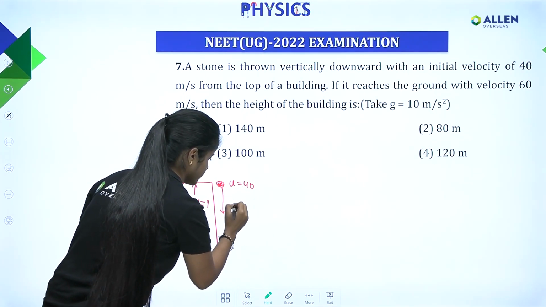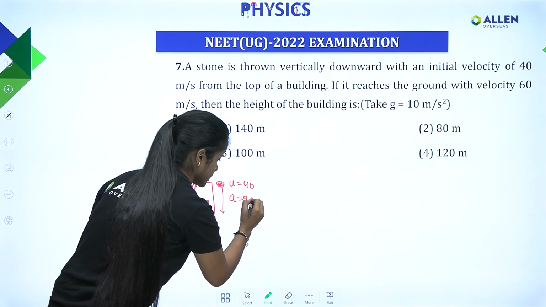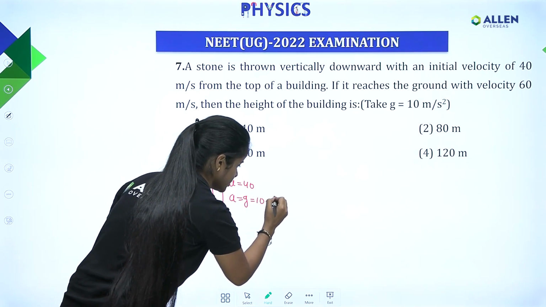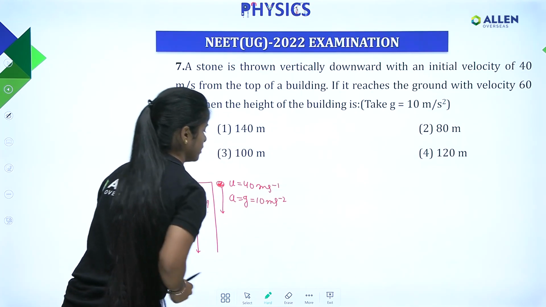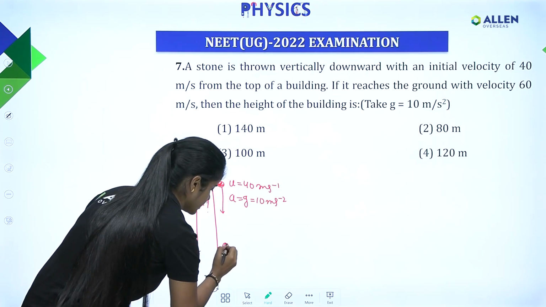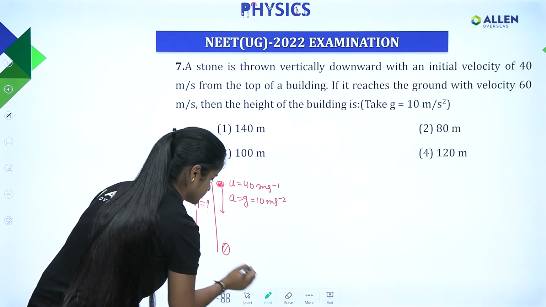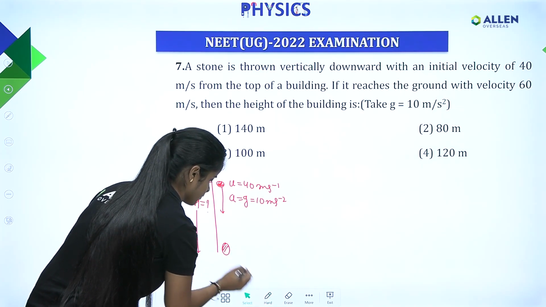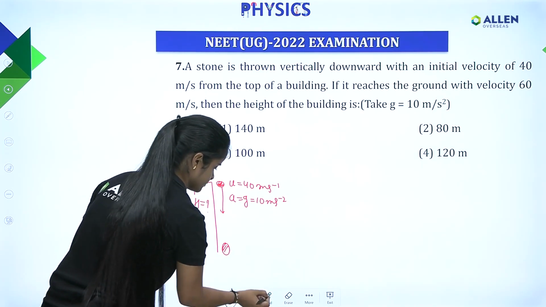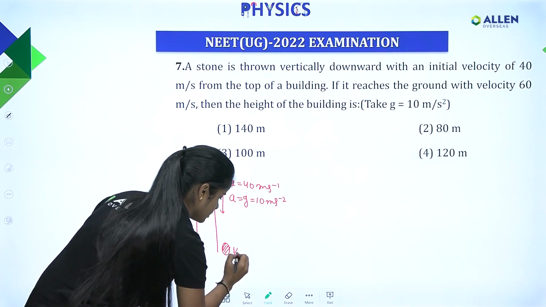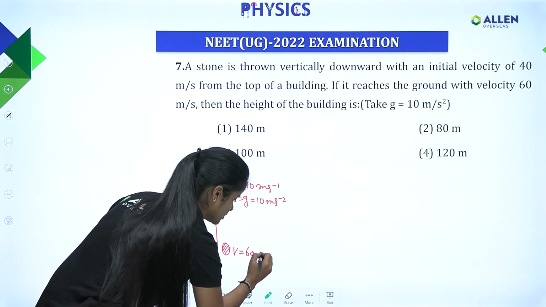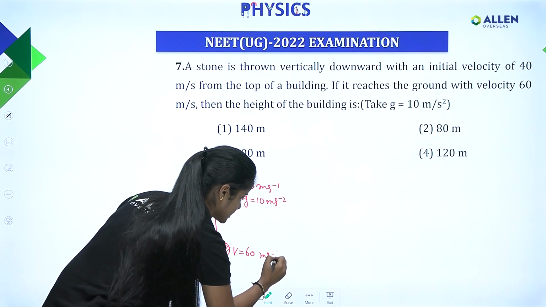And here a equals g, that is, let's call it 10 meter per second square, right? Now, here the final velocity is what? Final velocity V is 60 meter per second.